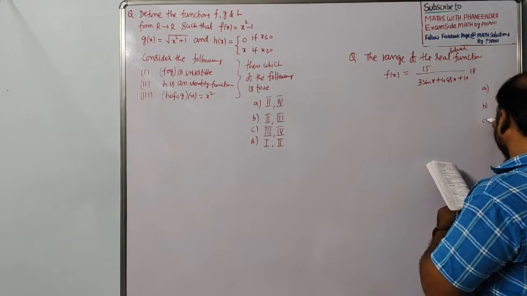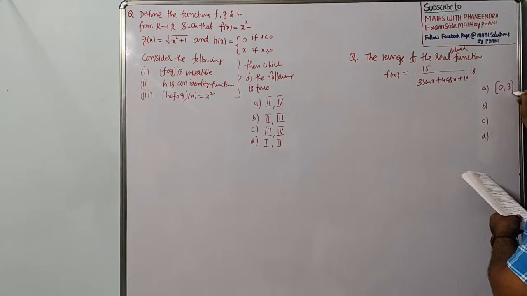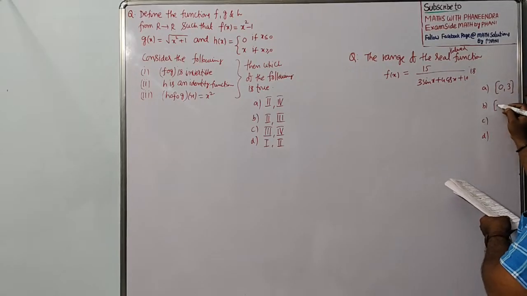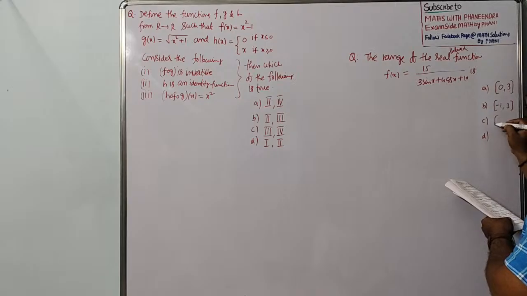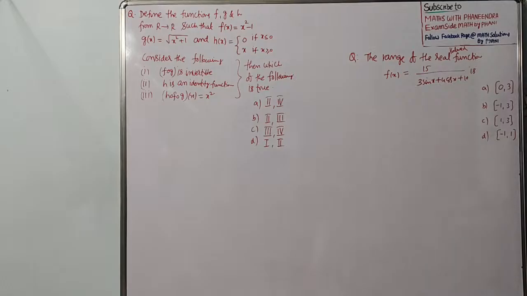So first option, closed 0 to 3, closed minus 1 comma 3, closed 1 comma 3, closed minus 1 comma 1. These are the options, dear students. So in what way you can, first find out f circle g.